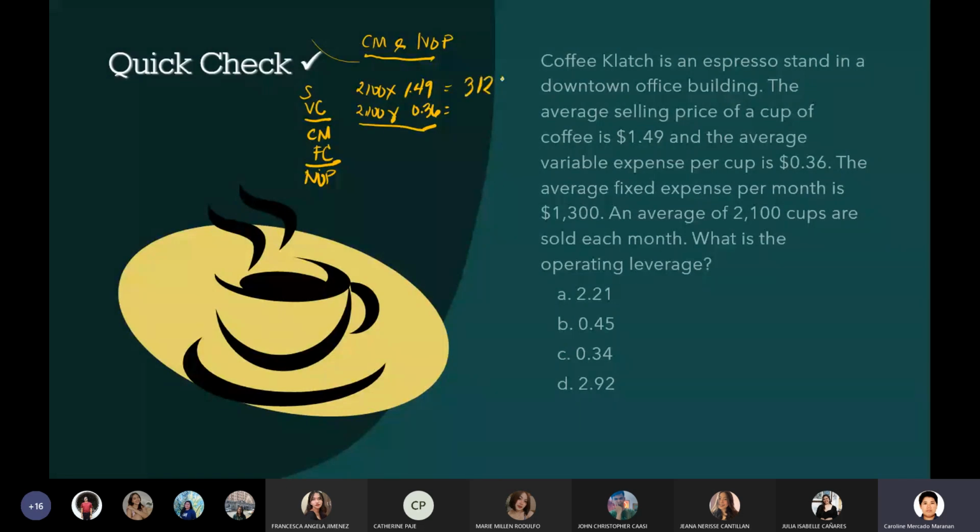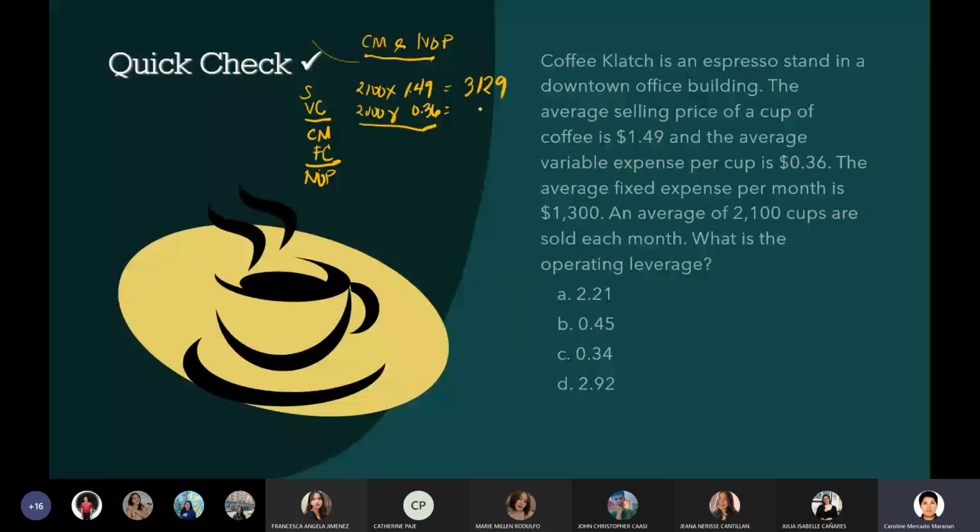3,129. How much is our variable cost? The total variable cost is 756.